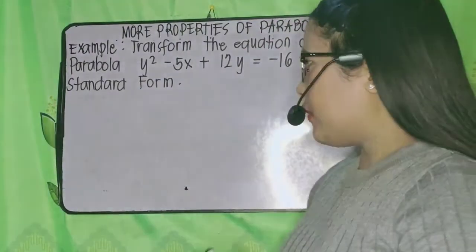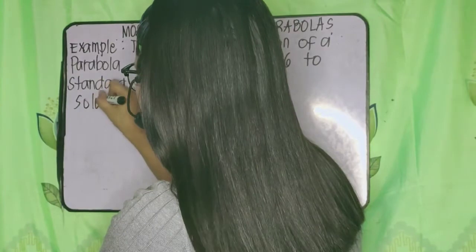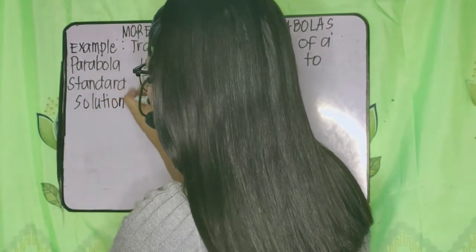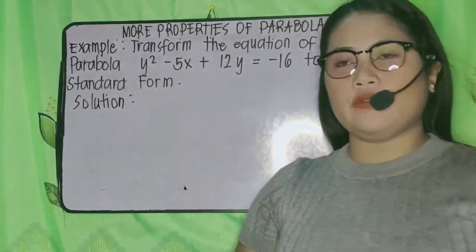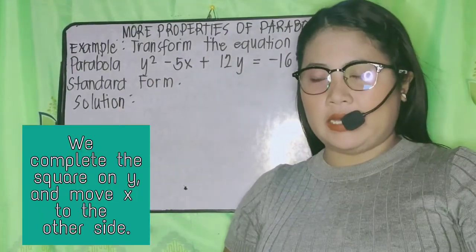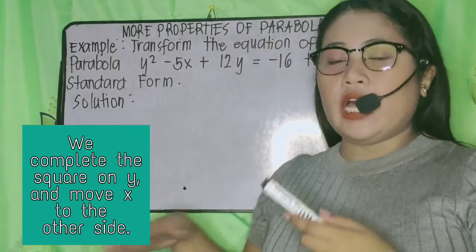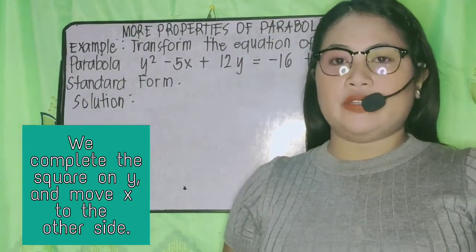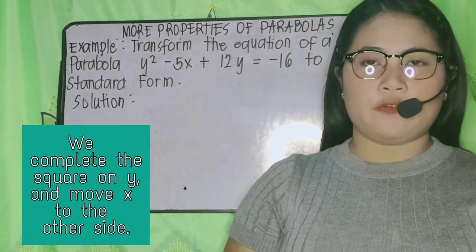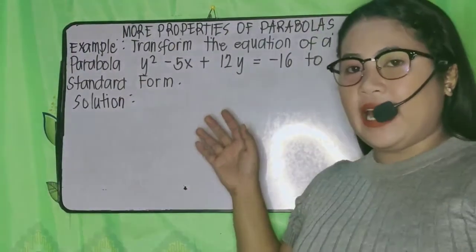Okay, so for our solution, first we're going to complete the square on y and move x to the other side. So that is our first step. Complete the square on y and move x to the other side.